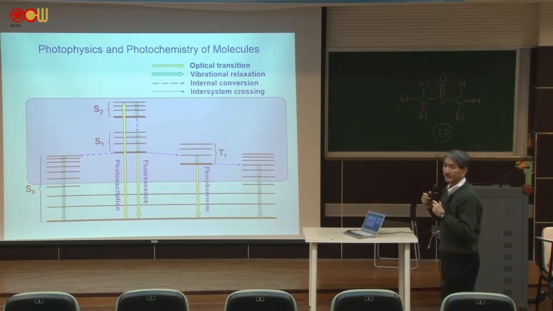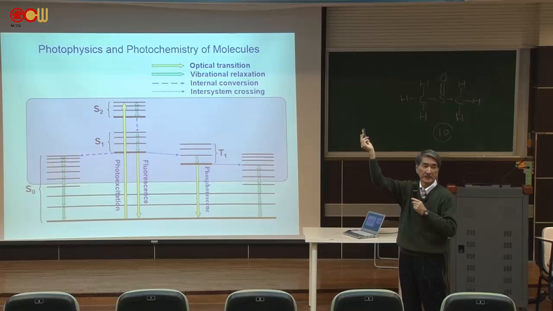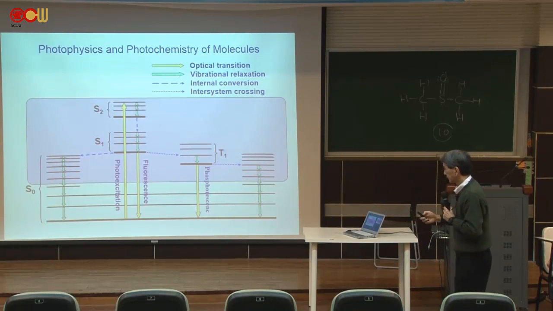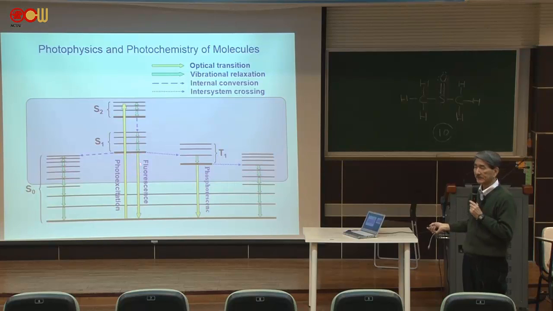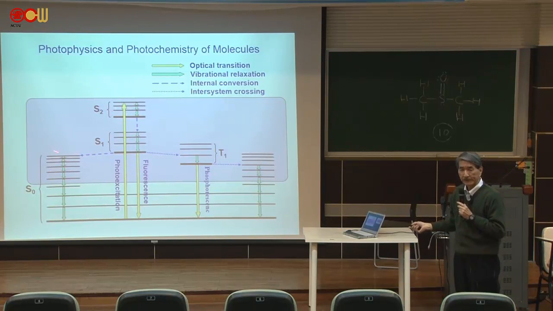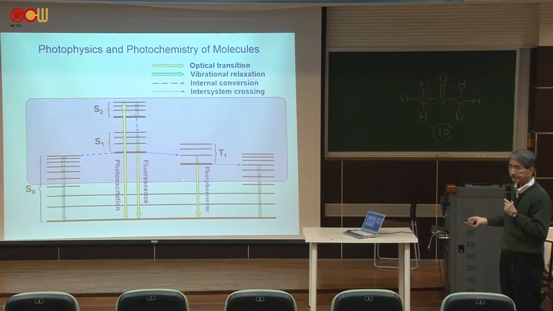So it's a singlet state. But if in the excited state, the spin can be reversed to this direction, then you have the triplet state. So at first you have the excited singlet state. The lowest one is called S1, the lowest excited singlet state. The second excited state is called the S2 state. But if the electron spin is reversed, then you get a triplet state.